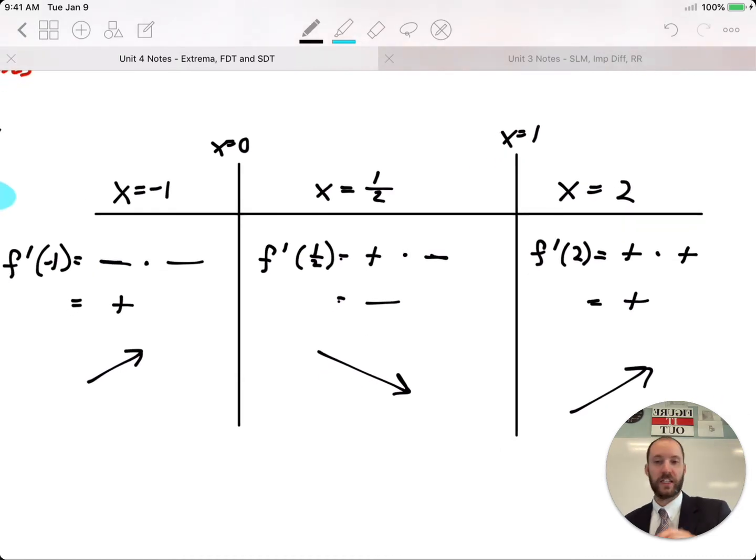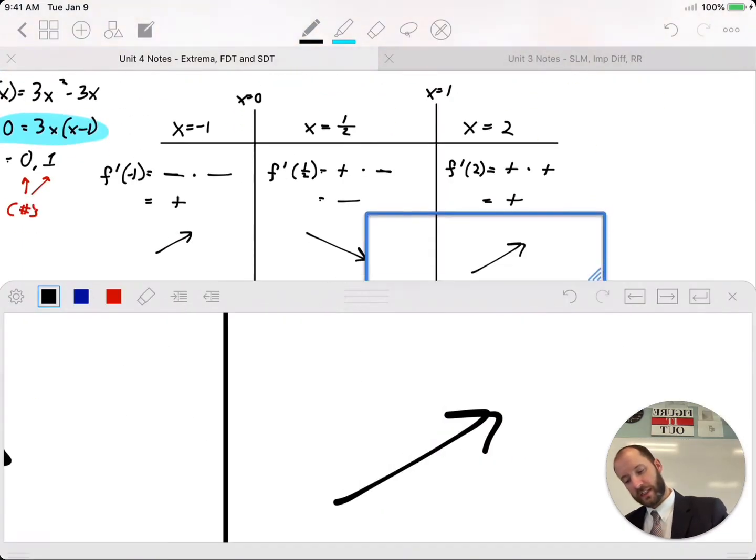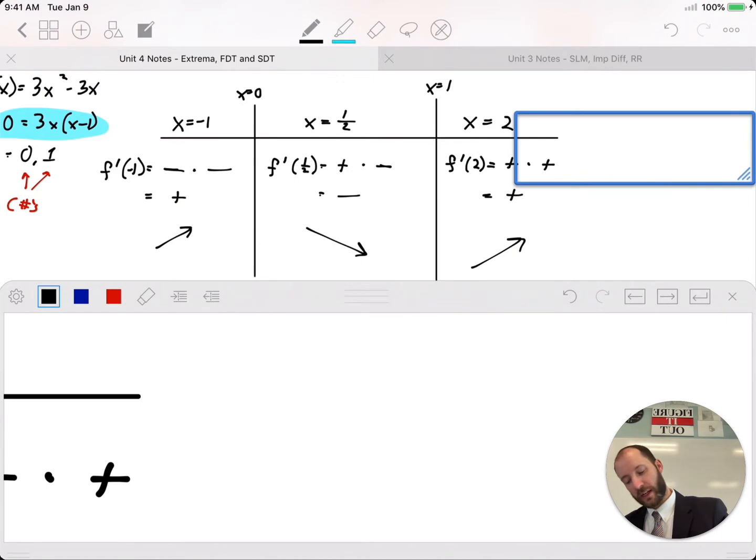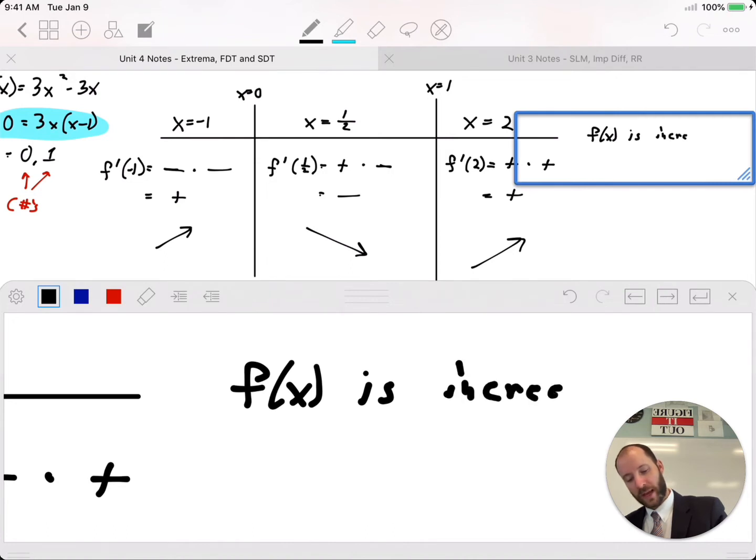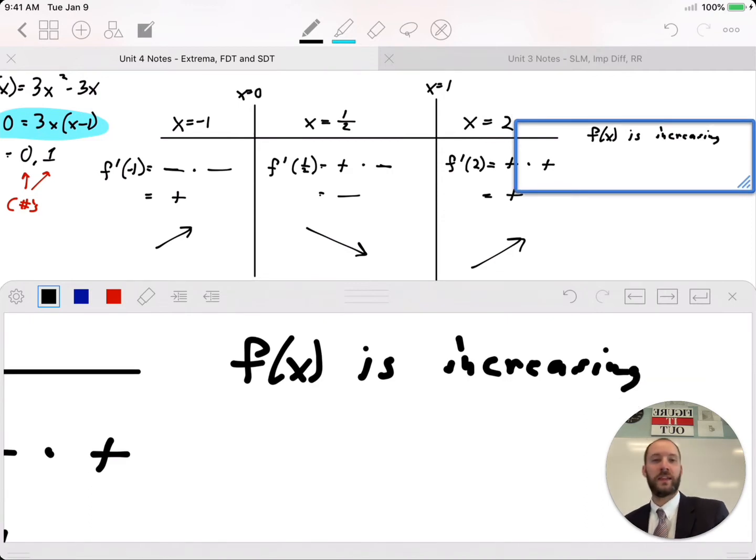So then the table gives you visually what's happening. This function is increasing, then at 0 it is decreasing, then at 1 it is increasing again. We're only identifying increasing, decreasing intervals, but looking at the table, you can get an idea of maximums and minimums also, because you see the arrow directions and the changes at the zeros.